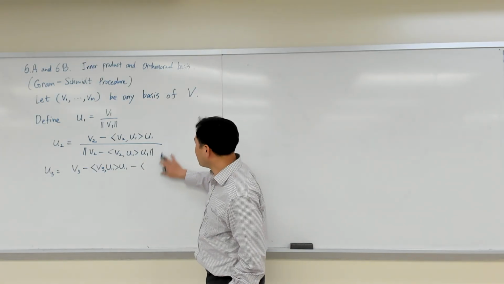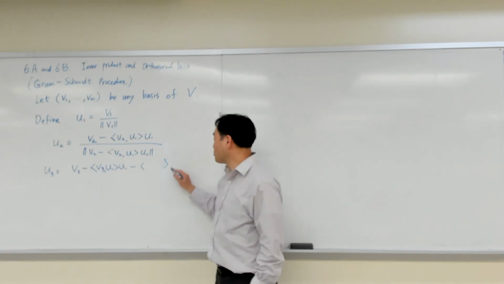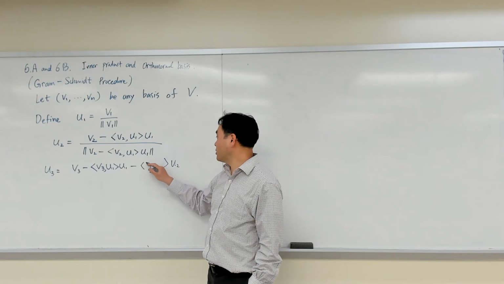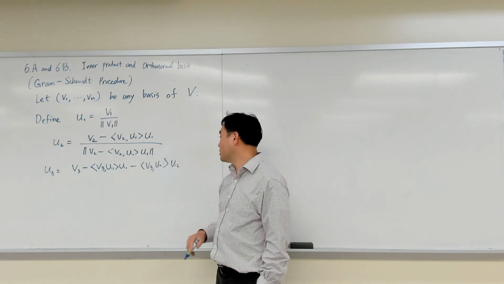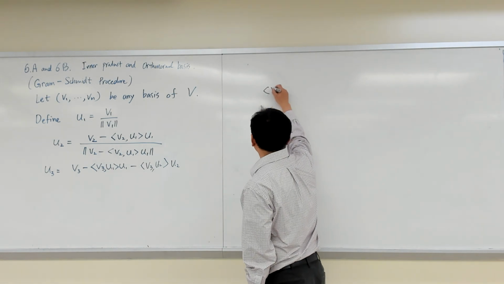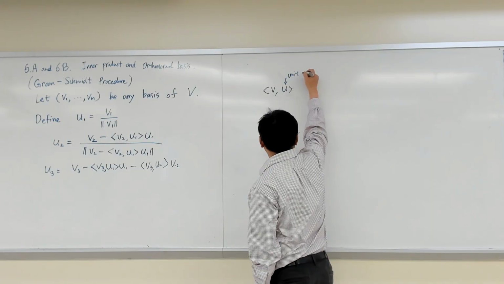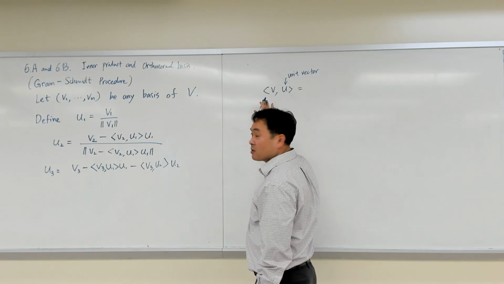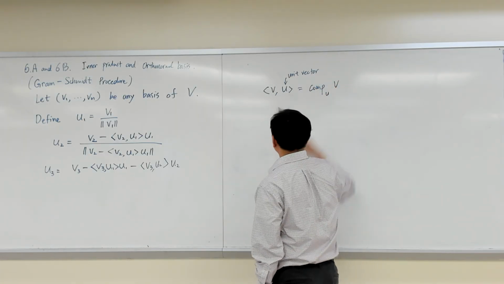Now this time I have to get rid of the component of v3 that's in the direction of u2. So how do I project over u2? Yeah, if you have a v and u is a unit vector, you learned that this is what's known as the component of v over u.